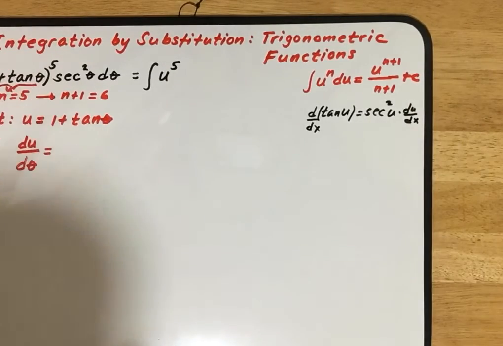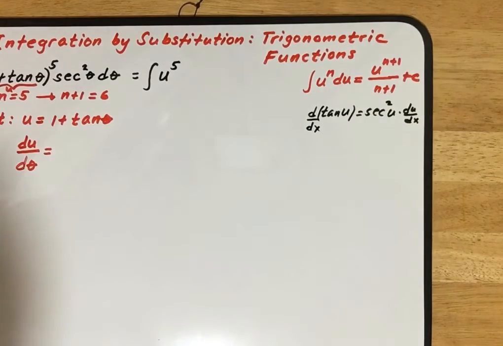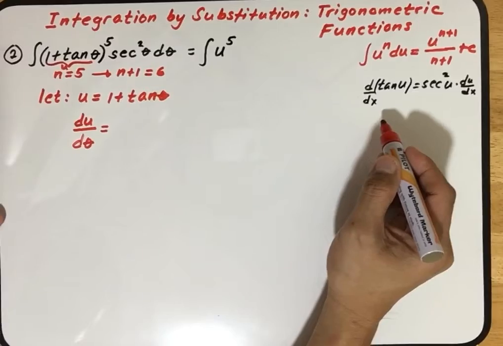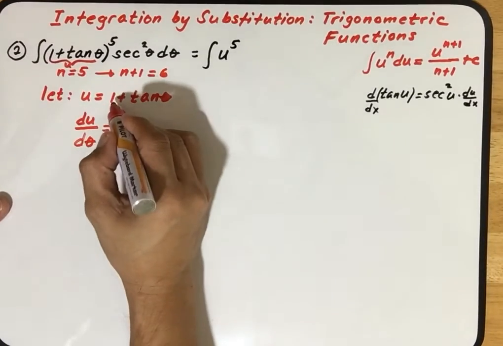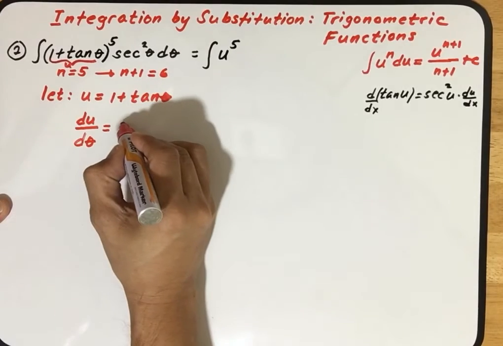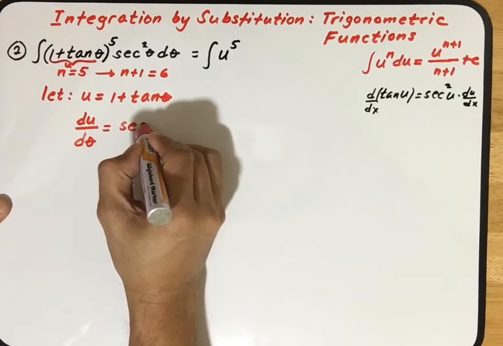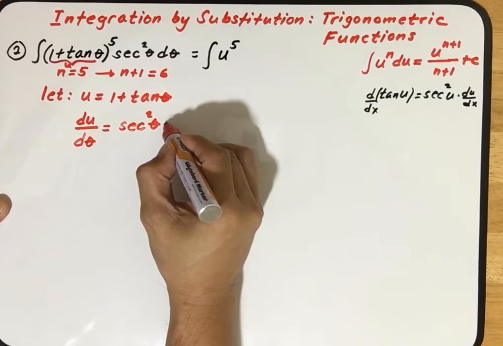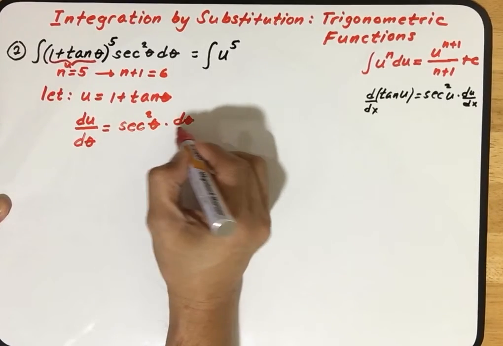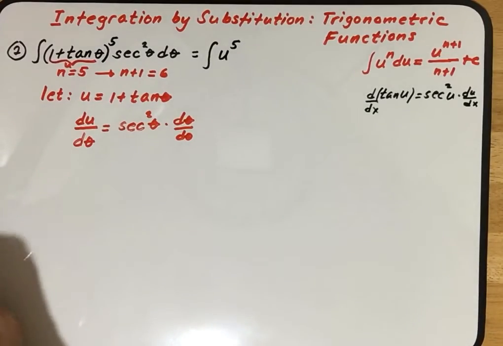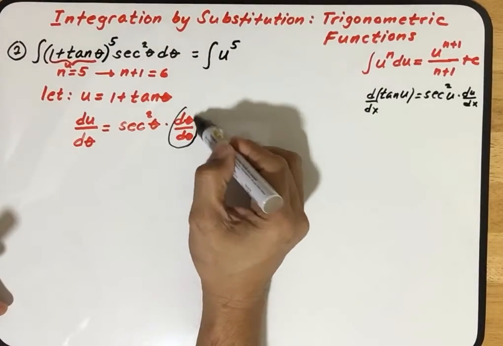So that is our formula, and we can use it. The derivative of 1, which is constant, is 0. The derivative of tangent theta is simply secant squared theta times the derivative of theta with respect to theta, which is equal to 1.